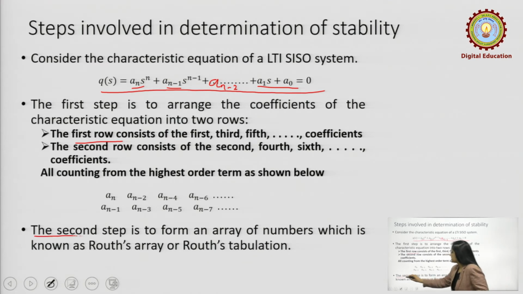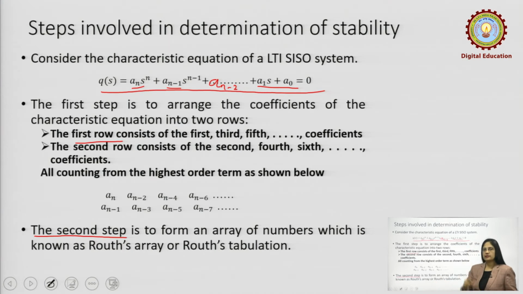Then the second step is to form the array, that is the Routh's array, or known as the Routh tabulation. The first and the second row are arranged, then the table is continued with the help of the numbers we obtain from these already written coefficients.